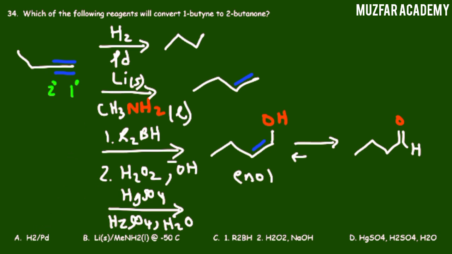This reaction proceeds with Markovnikov regiochemistry. It's very similar to this one. We're going to get an enol, but the difference is the OH group is going to go on the more substituted carbon. In this case, the secondary carbon. And that enol is going to tautomerize into a ketone.